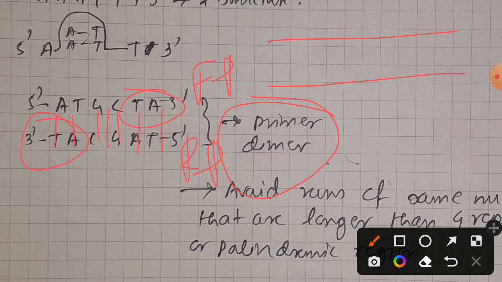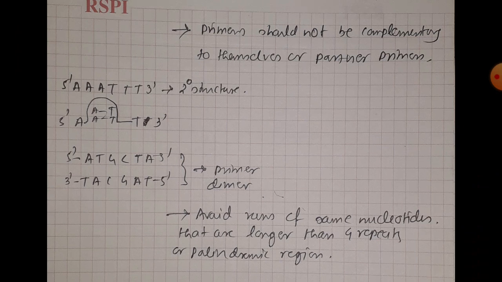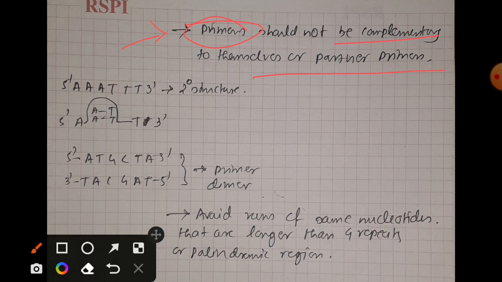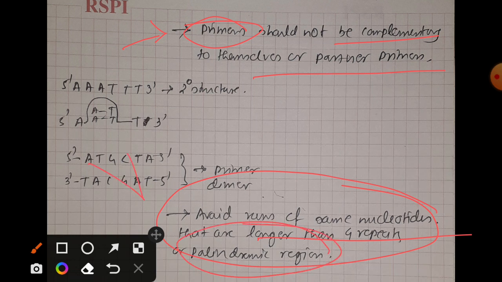Okay, so that is why it is often recommended to please keep extra attention towards whether your primer has the ability to form self complementarity or whether your primers are complementary with each other. Okay, and I have already told this thing that nucleotides that are larger than 4 repeats or palindromic regions should be avoided.